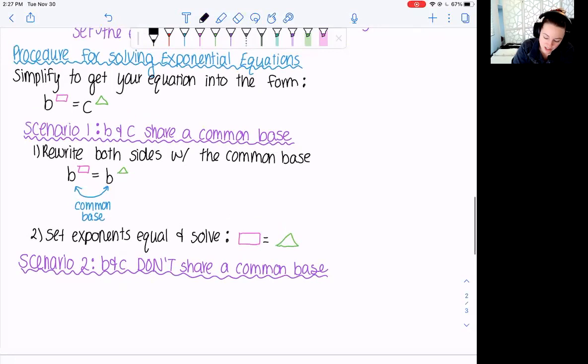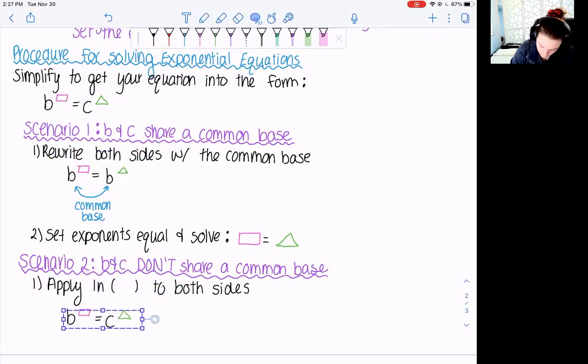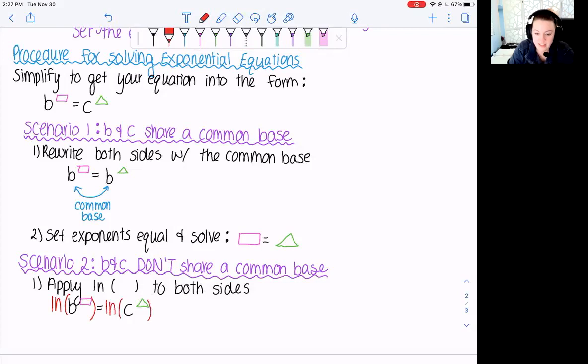All right, so if B and C don't share a common base, what you end up doing is applying ln to both sides and bringing down the exponents. So when applying ln to both sides, it looks like this, and you're going to bring down the exponent.